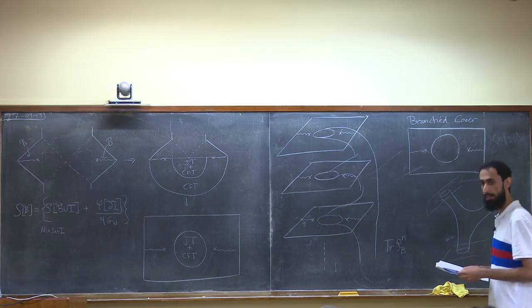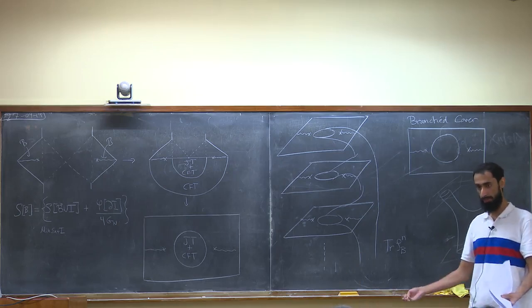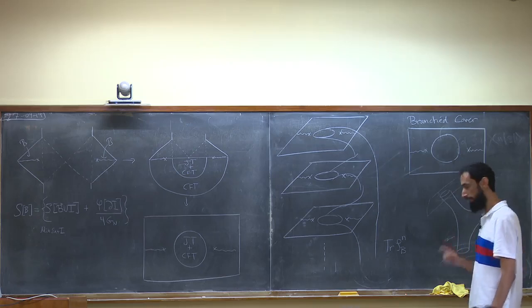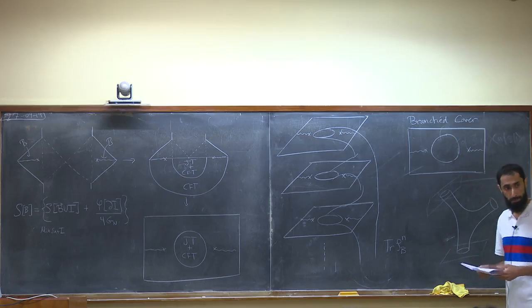Okay. And then how do you decide between these two? So these are two contributions, and I'll get there in a second. What are the relative magnitudes of the action for these two?